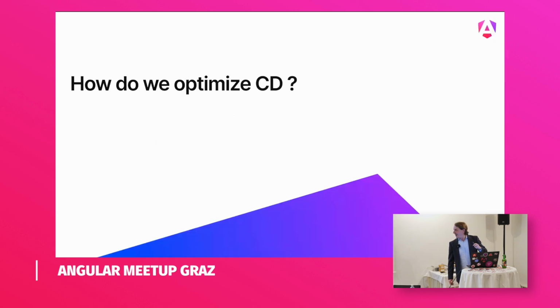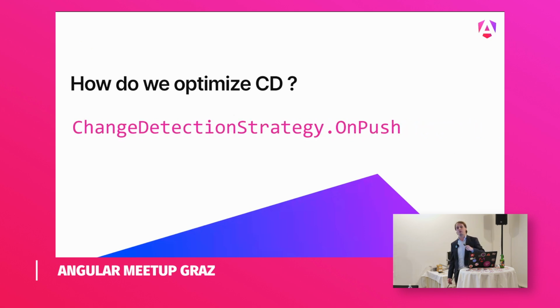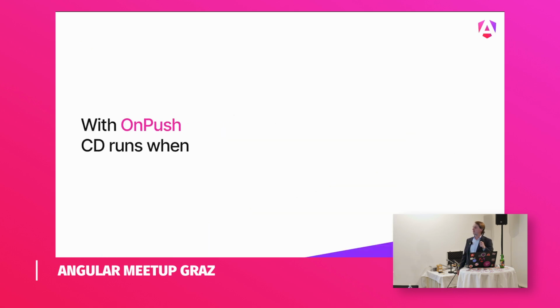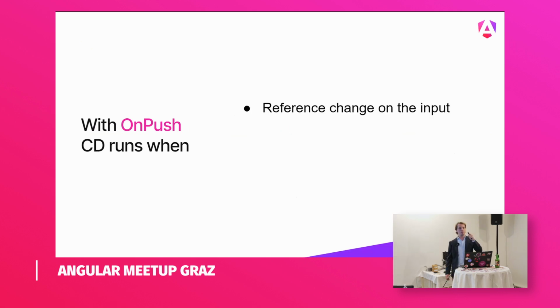Exactly. So, first question, how do we optimize change detection? And for a very long time, we can do OnPush. OnPush, for those who don't know what it is, runs change detection only in certain conditions. The two major ones are when the reference changes on the input. That means if you do not use immutability, you won't have the change detection.